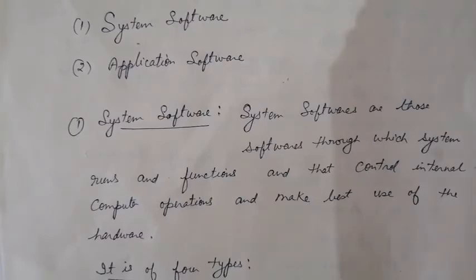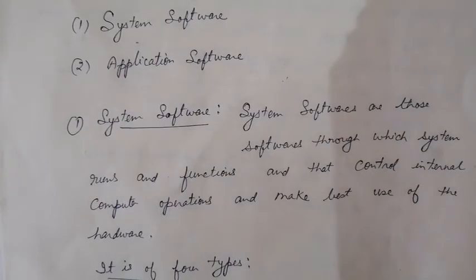All these are operating systems, and all these come under the system software category. Why? Because with the help of this, it operates the system, it can communicate with the hardware of the system. It makes us communicate with the hardware of the system. That is why it is system software, right?